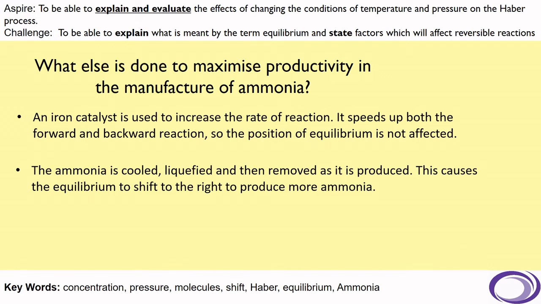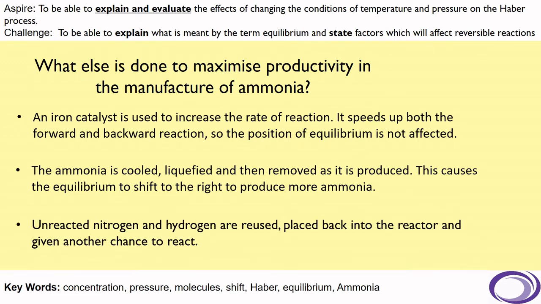As you are removing a product, you are decreasing the concentration of the product so that the equilibrium will shift to form more. We also reuse any unreacted nitrogen and hydrogen, which minimises the cost of the raw materials, and it gives us those molecules another chance to react.